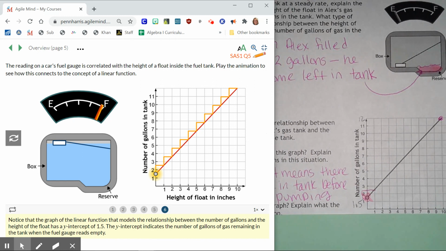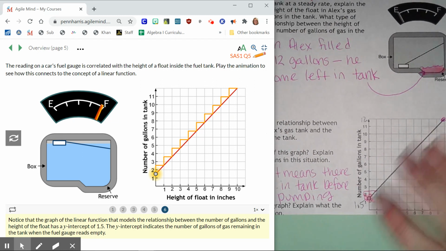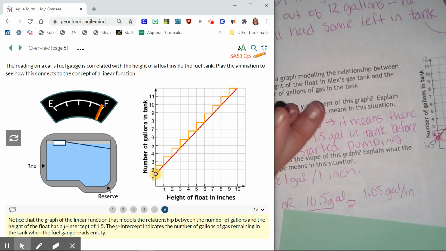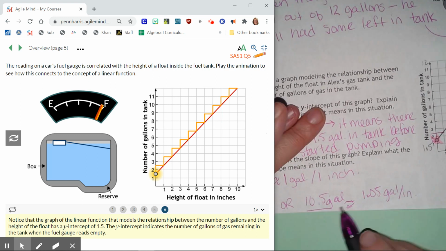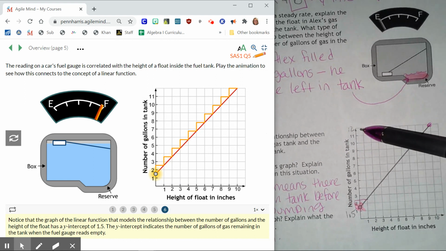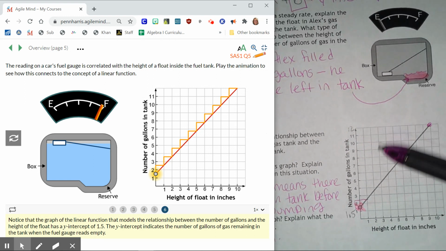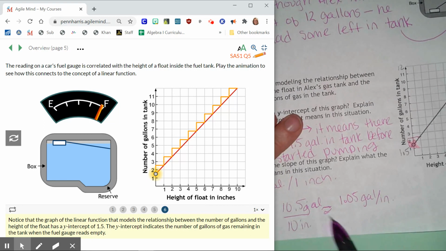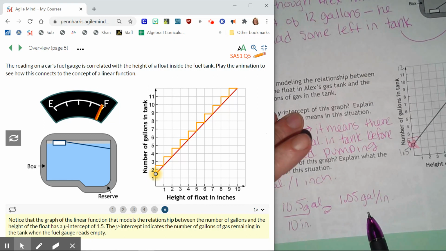So that's where I got that 10.5 gallons. And how many inches was that? From 0 to 10. So that's where I got the 10. And if we divide that out, it's about 1.05 gallons per inch.